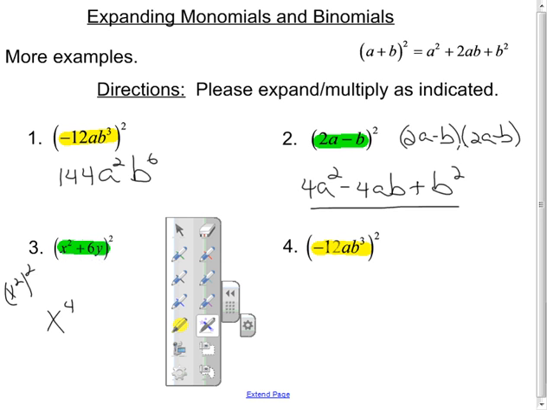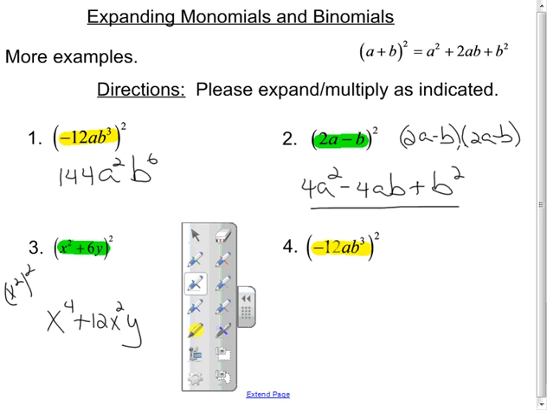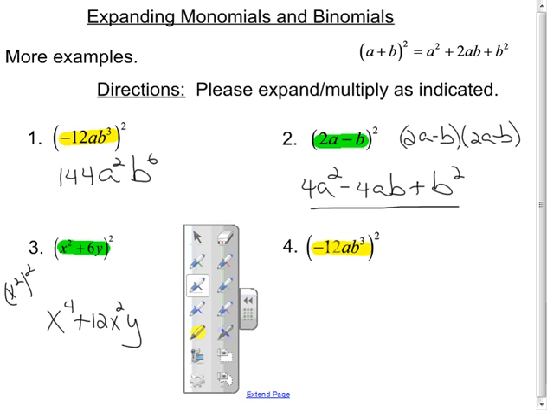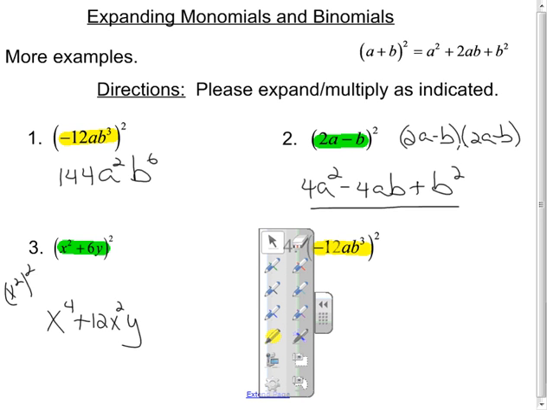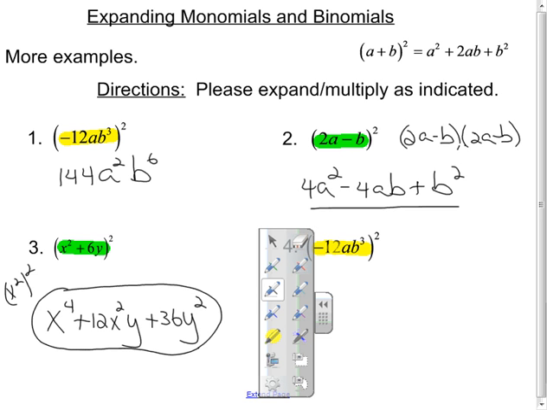So we get 6x squared y doubled is 12x squared y. Notice when I double it, the exponents don't change. Okay? And then here, I'm going to take 6y and square it, squaring both factors, I get 36y squared. And that is the answer.